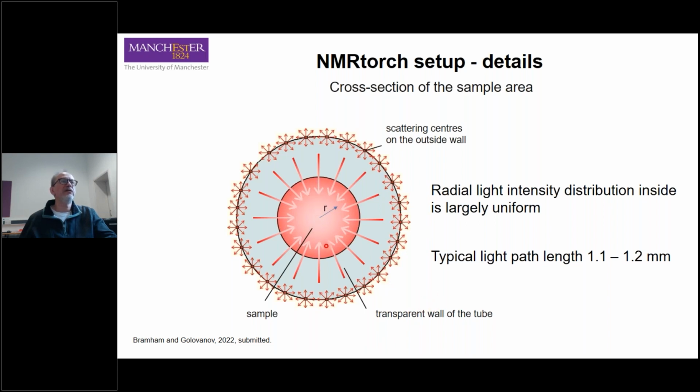So this provides illumination of the sample from the outside, which is radially uniform, as the square of distance dependence of light from the source is totally removed in this arrangement.